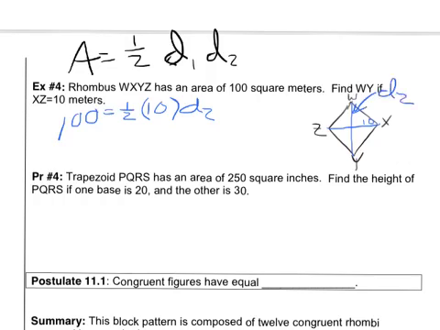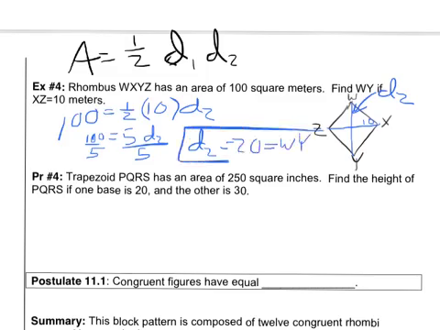Well, half of 10 is just 5, so I have 5 times d2 equals 100, and then divide by 5, and 100 divided by 5 is 20, so d2 has to equal 20, or we could say WY is 20. And there we go. I worked backwards and found the missing length.